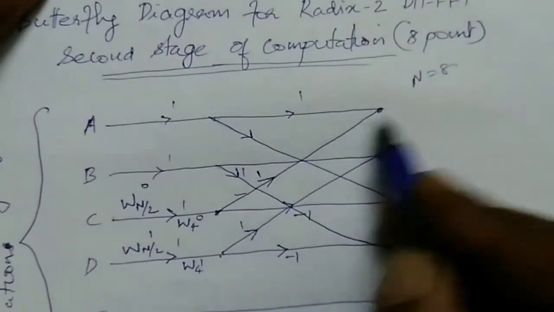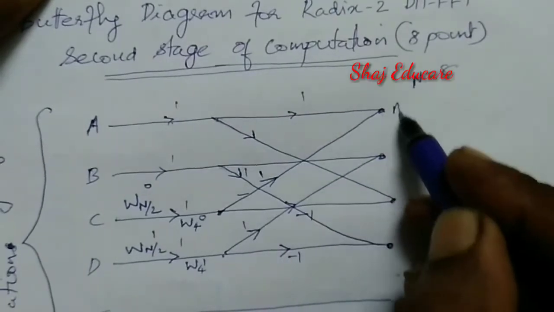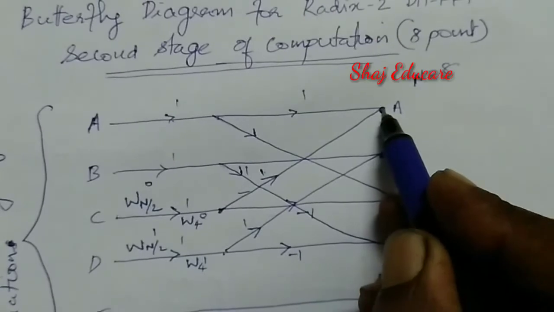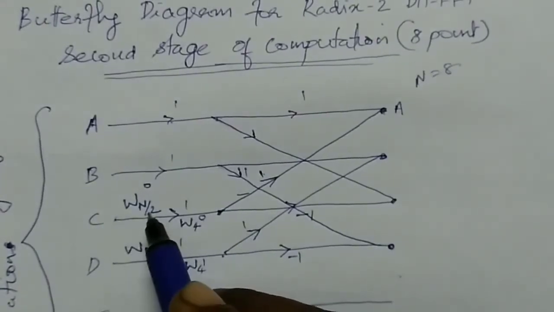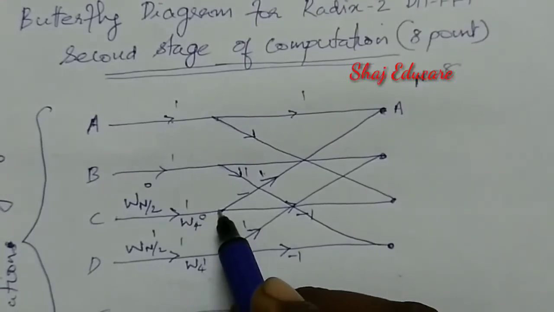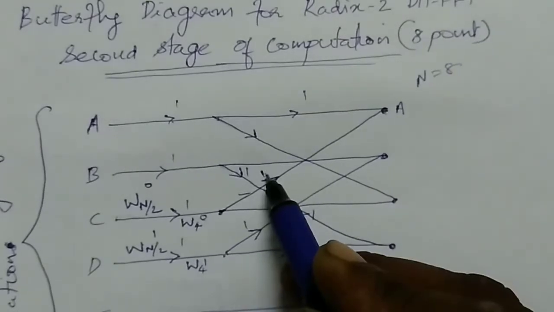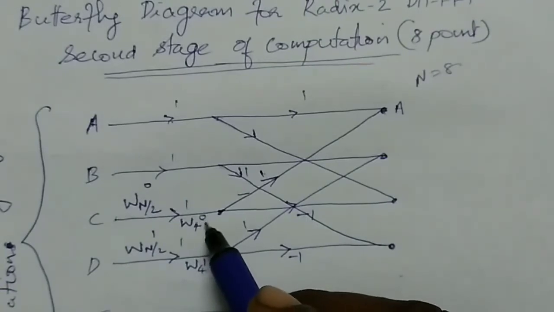Now here we have A into 1 into 1, that is equal to A. Another connection is coming from C. Here C when multiplied with W_4 raised to 0 becomes C into W_4 raised to 0, and again it is multiplied with 1, so it stays C into W_4 raised to 0.